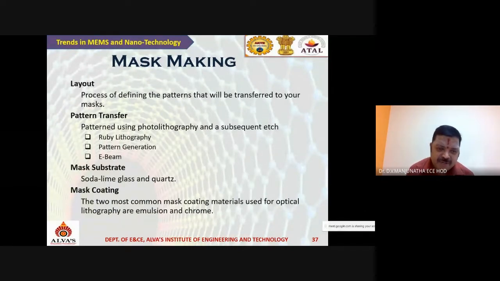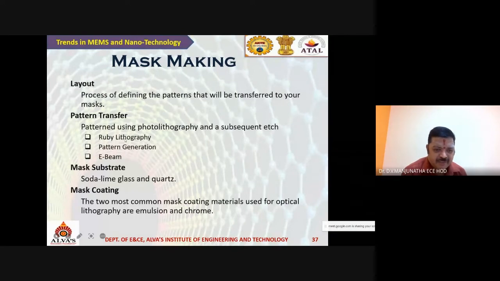These are the fabrication steps, right? So pattern transfer: silicon is patterned using photolithography, right? A window should be opened by using a technology called photolithography, and a subsequent etch method we have to use.